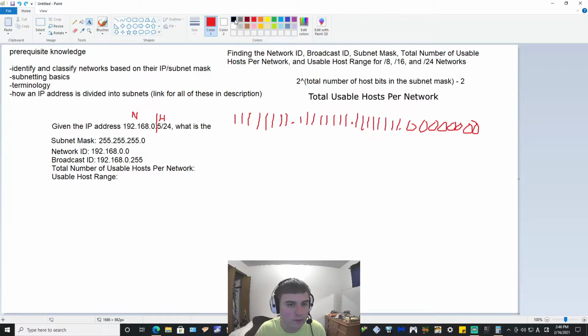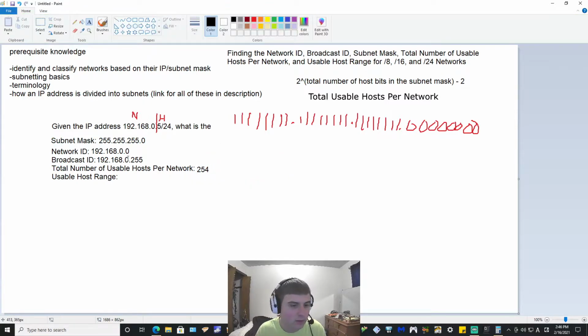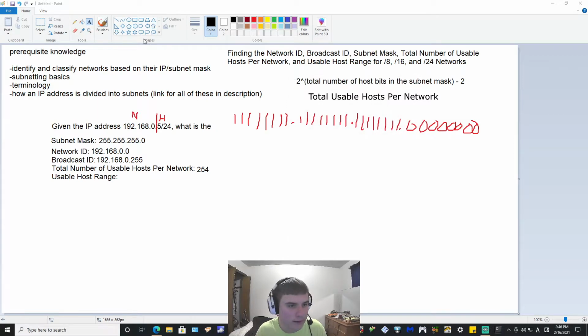I am going to write that out here: 254. Okay. And then finally we have the usable host range. In this instance, our usable host range is going to be the numbers between our network ID and broadcast ID.